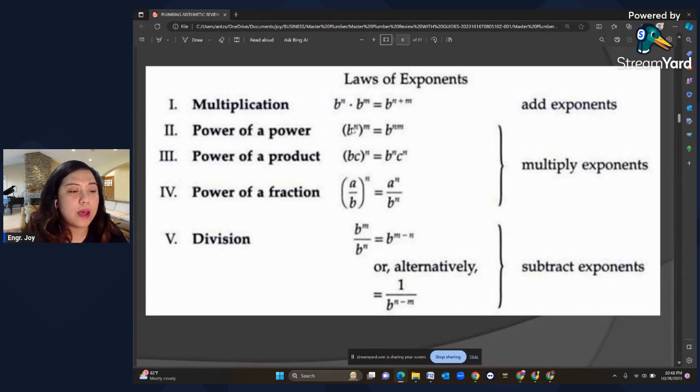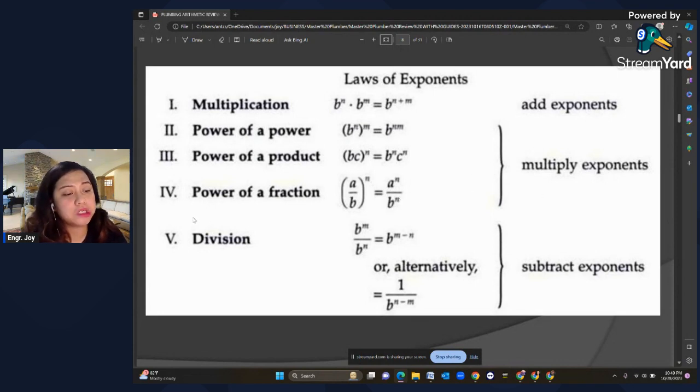Unlike dito sa power of a power, isa lang kasi yung kanyang base. Dito dalawa na, b and c. So, b raised to n, c raised to n. Power of a fraction. Na-distribute lang din to. Yung a over b raised to n is equals to a raised to n divided by b raised to n.